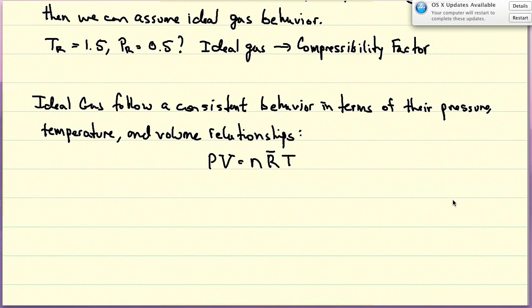So if I know pressure and volume, and I know the size of my system, say the number of moles, the universal gas constant is constant, it doesn't matter what substance I am or anything like that. It's always the same number, then I can determine what the temperature behavior will be. Okay, so that's a very important relationship.